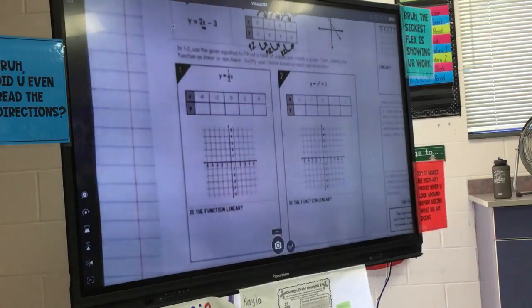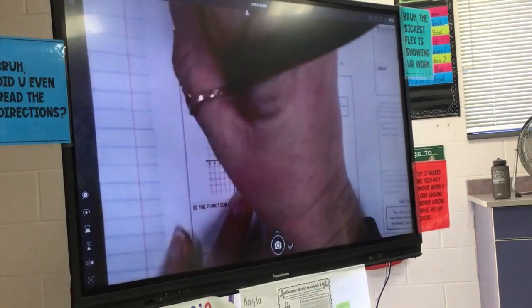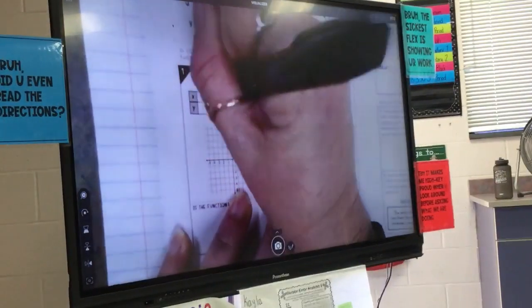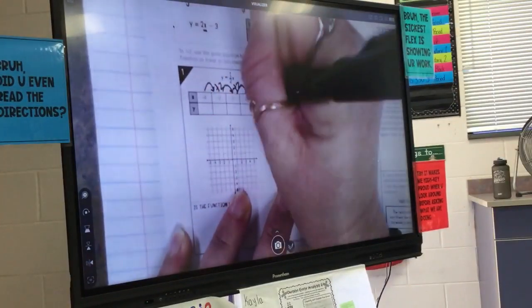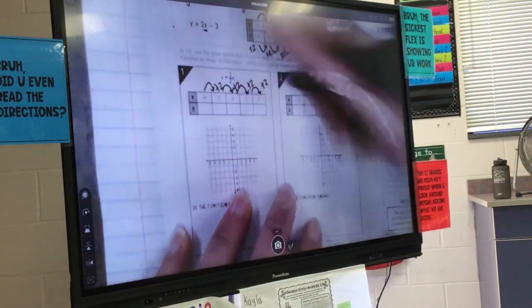Yes, they are increasing by 2, so each one of those is a plus 2. So from here to here, this is plus 2. From here to here, this is plus 2. From here to here, plus 2. And from here to here, plus 2.